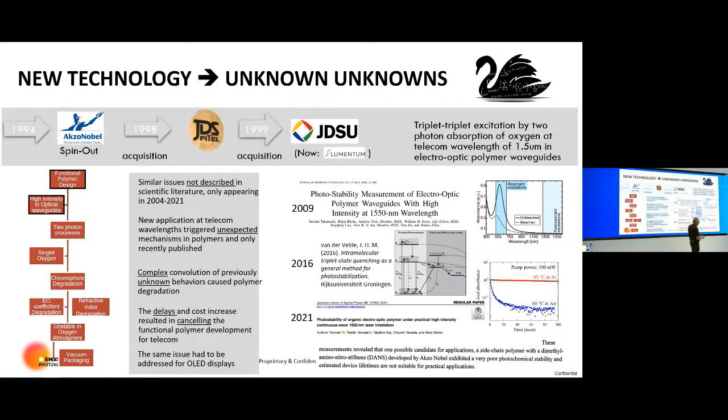You could generate singlet oxygen, and singlet oxygen is very, very reactive with the chromophores, which were the active elements of the polymers. So you see here, this was even widely publicized: AkzoNobel exhibited very poor photochemical stability. There you go. So that business was killed.